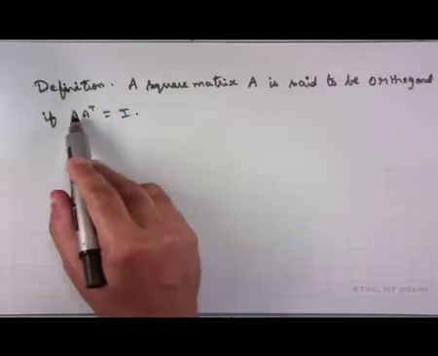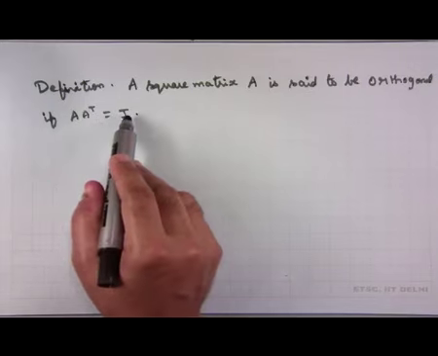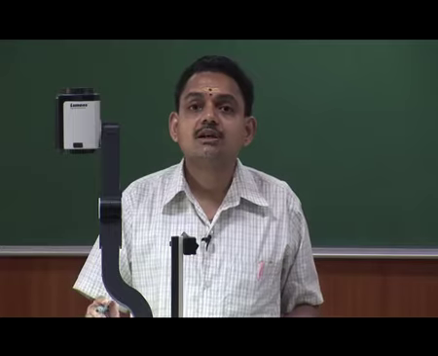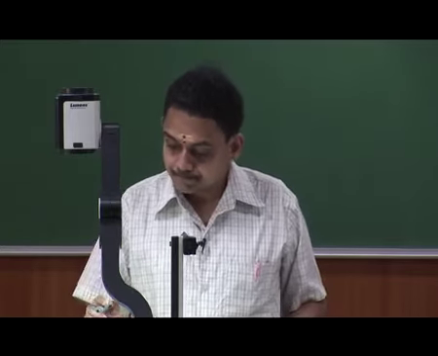Whenever you multiply A with its transpose, what you should end up with is an identity matrix. If such a thing happens, then you say that such a matrix is an orthogonal matrix.